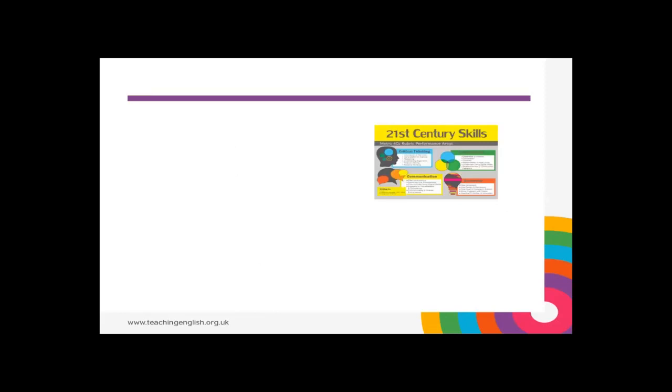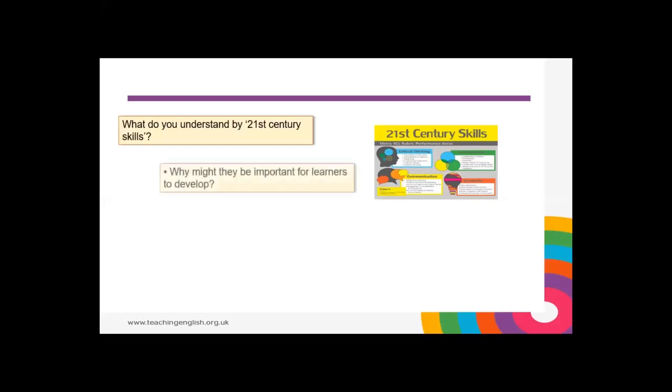Okay, now let's move to another thing. What do you understand by the 21st century skills? We know the 4 C's and the other skills. So what do you understand by the 21st century skills? And I have another question here. Why might they be important for learners to develop?